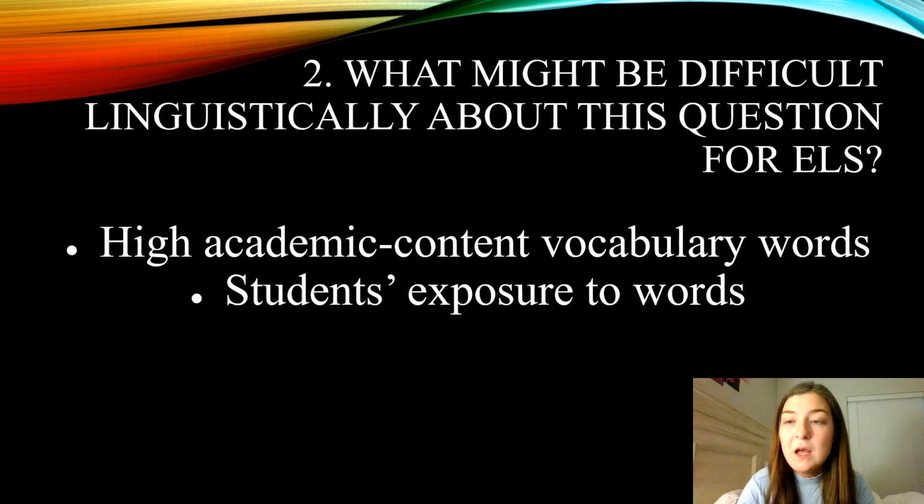So on page 230 of our book, Making Content Comprehensible for English Learners, the author mentions that most learners need 40 to 160 isolated exposures to a word before they can meaningfully internalize it. This is a staggering number, especially when you think about how many of these words are embedded in this question.